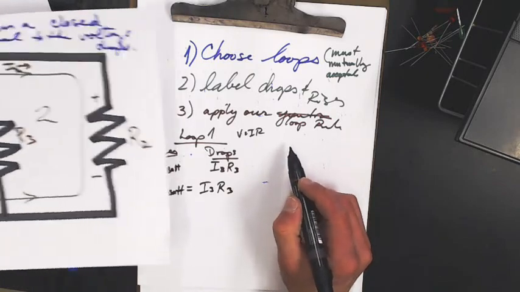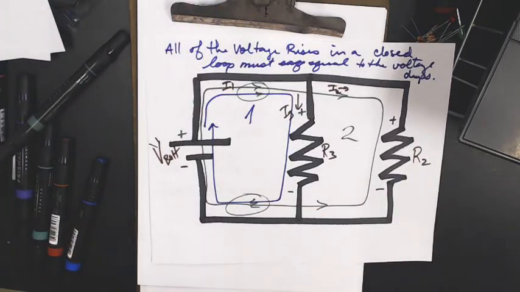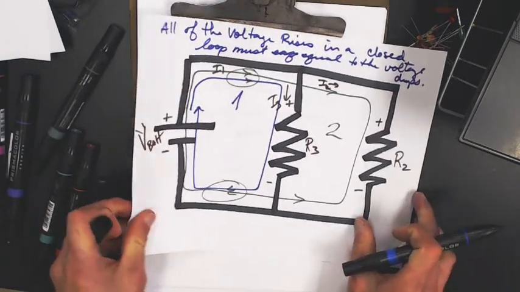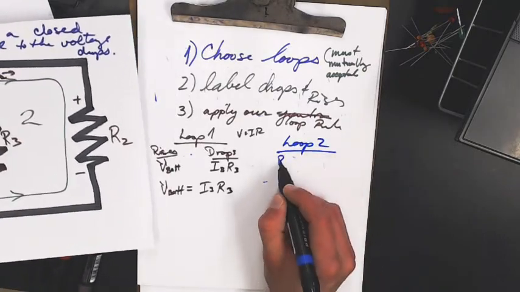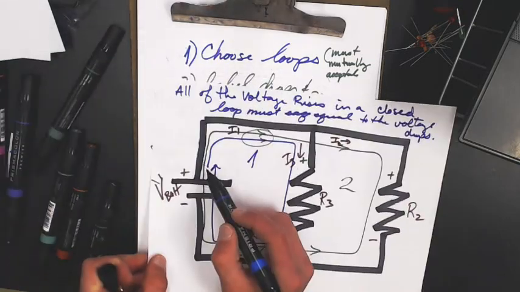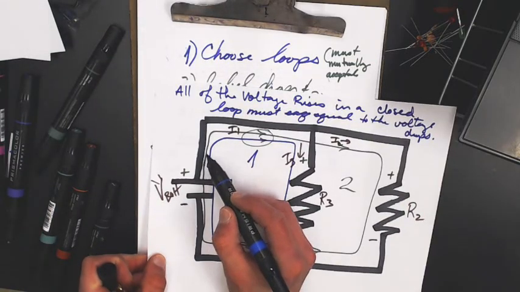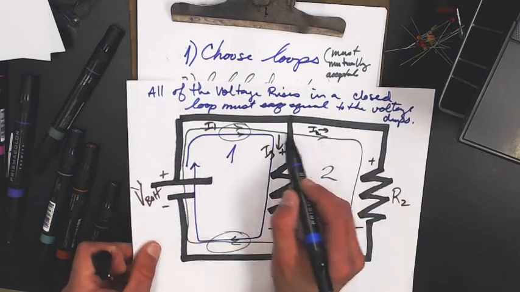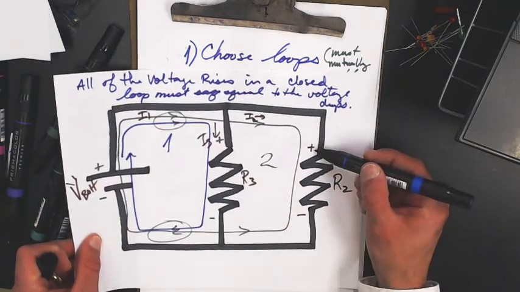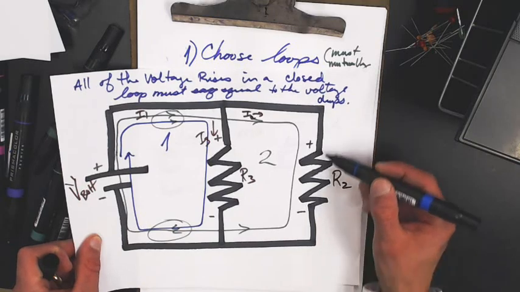And then let's take a look at loop 2. Loop 2 rises and drops. I start at the same place. Loop 2, oh, this is the green and I picked the wrong one. That's great. So now I'm coming across here. I have I2, here's my voltage drop, high potential to low potential.